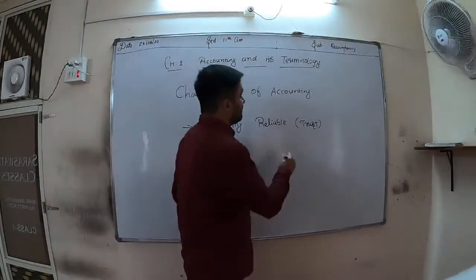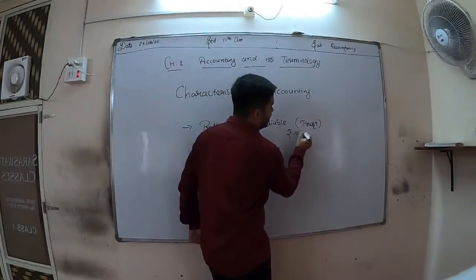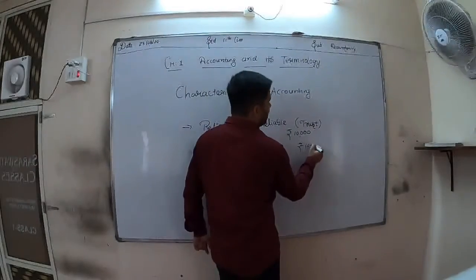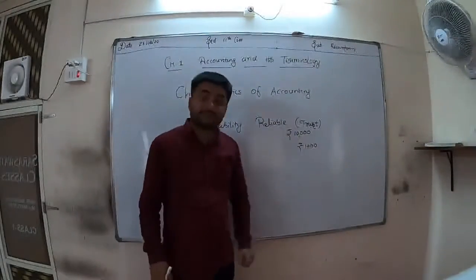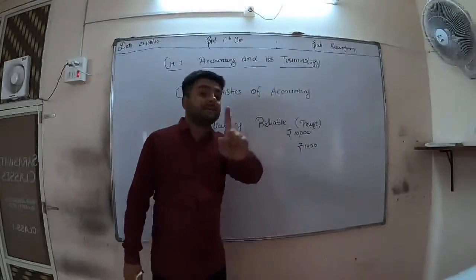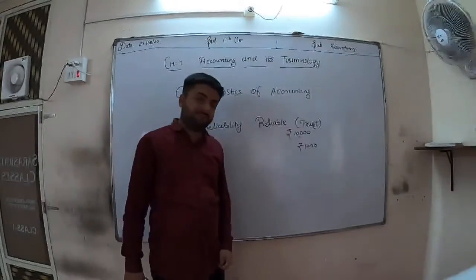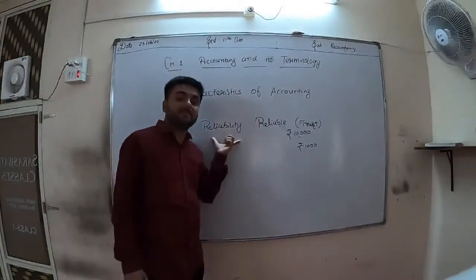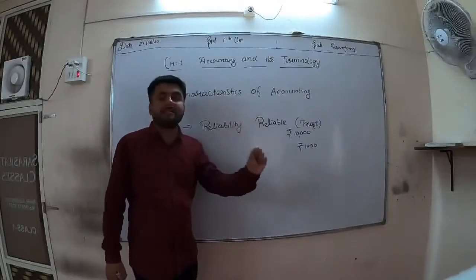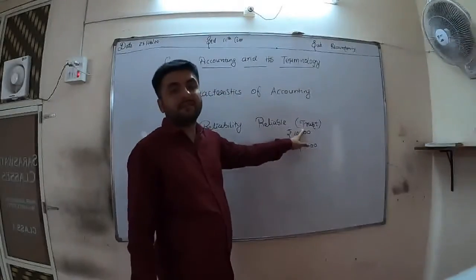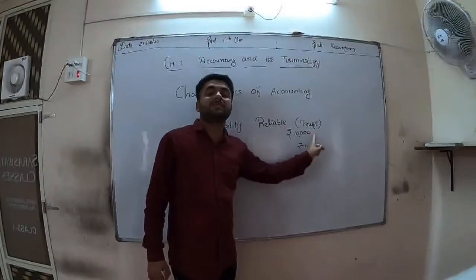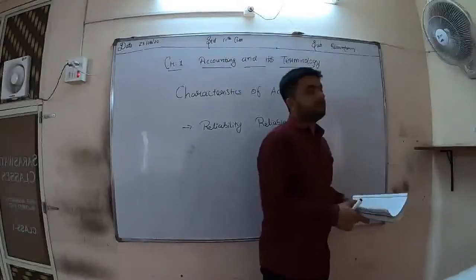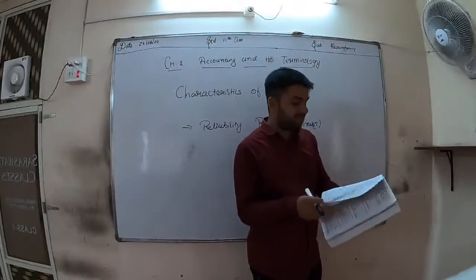I gave an example of a sale of rupees 10,000. If by mistake, knowingly or unknowingly, you write it as 1,000, then the remaining 9,000 is an error and it is a fraud. So the first and foremost feature of accounting is reliability. You should present your account with full trust. We should not try to do such frauds or errors. Okay. So reliability was the first feature.